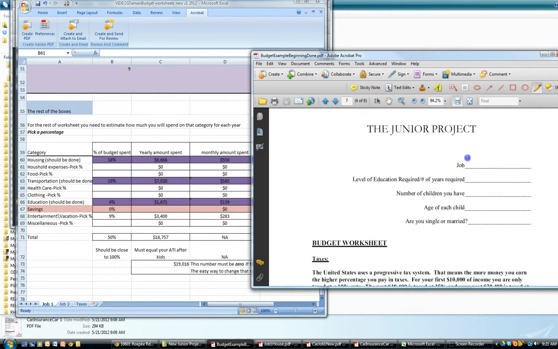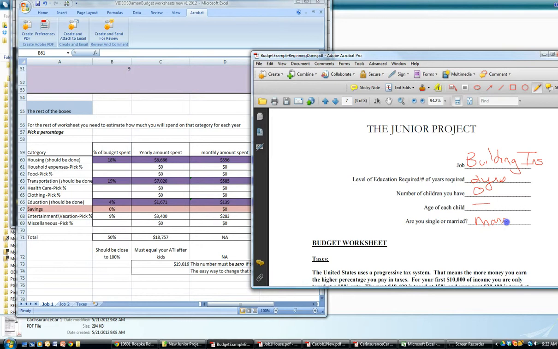So building inspector. It's a 2-year degree. I have 0 children. This isn't applicable.